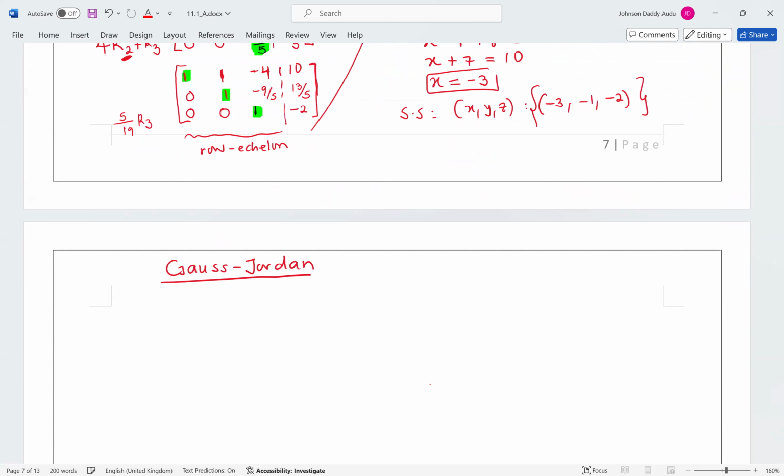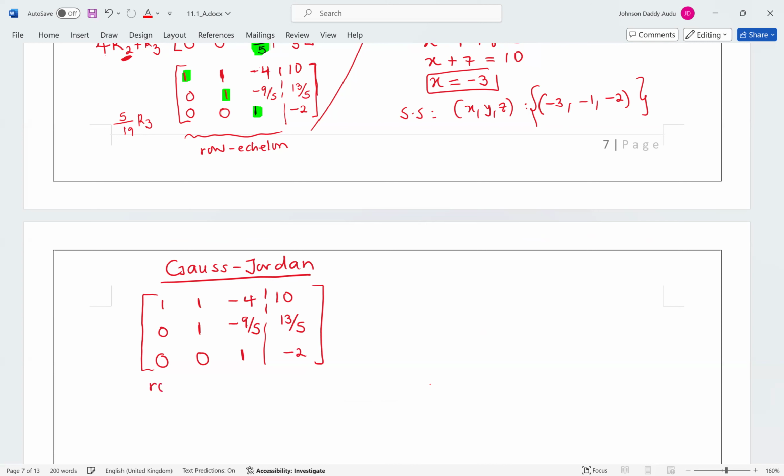For Gauss-Jordan, we just take our row echelon form, which is 1, 1, minus 4, and 10. Then 0, 1, minus 9 over 5, and 13 over 5. And this is 0, 0, 1, minus 2.